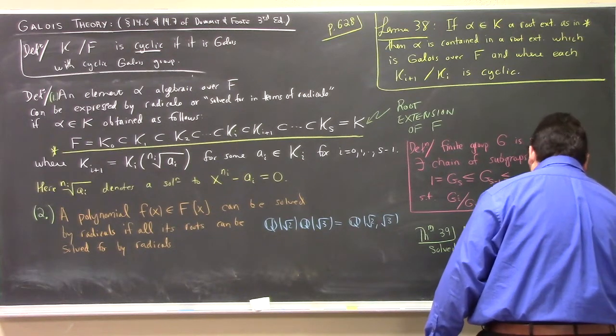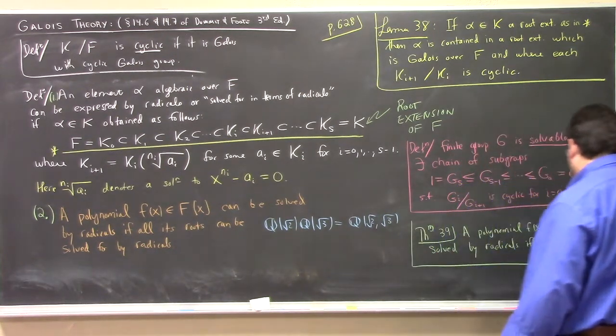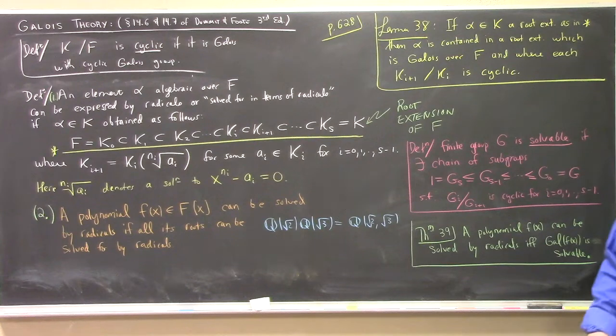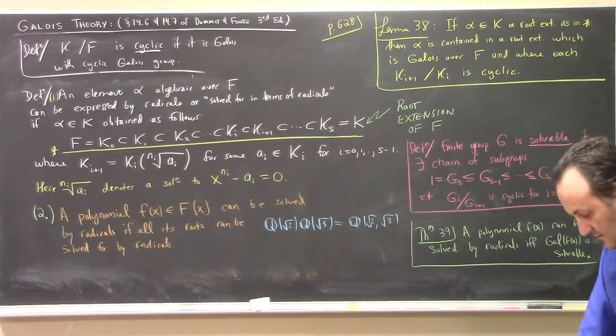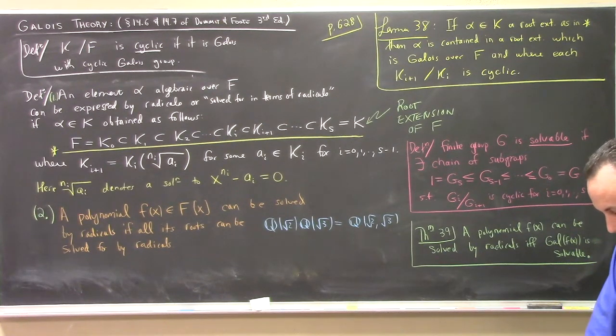Now, if you're an outsider to this world, it seems like you're just saying the same thing twice, but we're saying something quite fascinating. f of x being solved by radicals is talking about a tower of extension fields where at each step we're joining a new square root or cube root or fifth root or whatever.